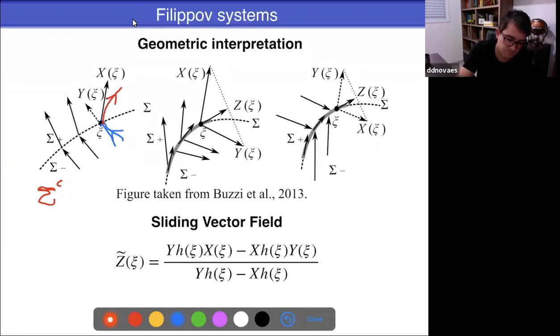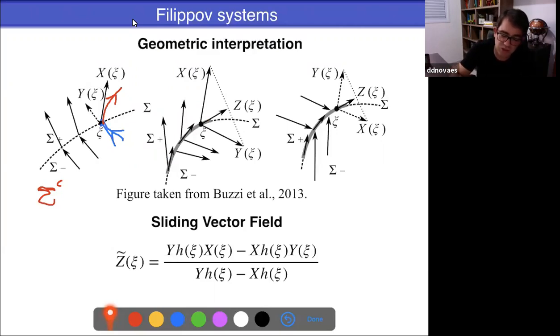Of course, this cannot always be done. For instance, for points behaving like this, both vector fields X and Y point inwards to the discontinuity surface. In this other case, both vector fields point outwards from the discontinuity surface.